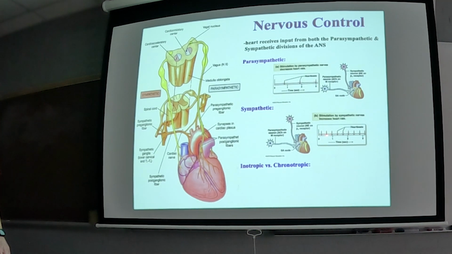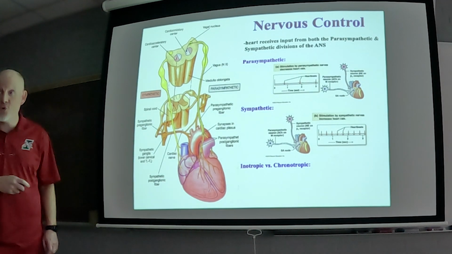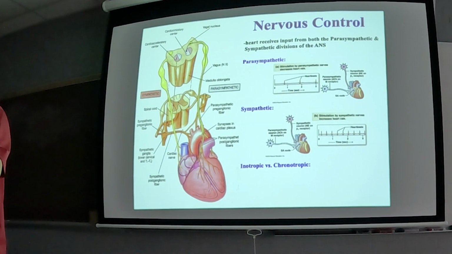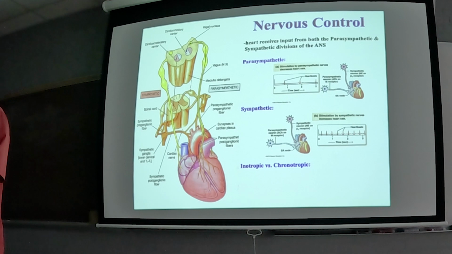You see your blips are closer together, so it's going to speed heart rate up. The other thing epinephrine does is it actually sends individual nerves to the contractile cells and can increase not only the speed of the heart rate, but it can also increase force of contraction. The parasympathetic nervous system does not decrease contraction. It only decreases heart rate.